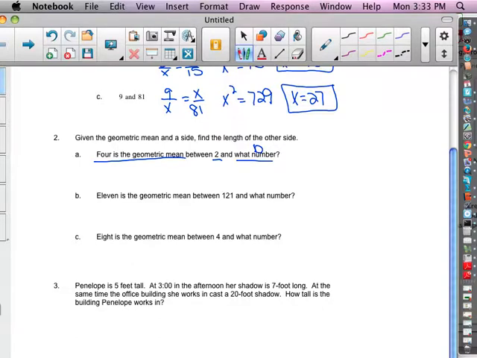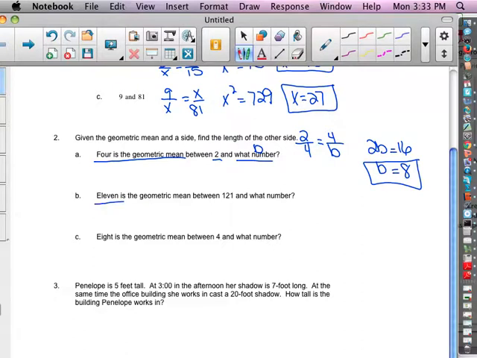Put 4 in those spots that would normally have an x. Put a 2 here, a b here. Cross multiply, you get 2b is equal to 16. Divide by 2, so b is equal to 8.